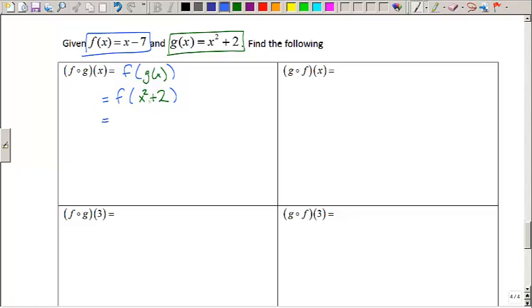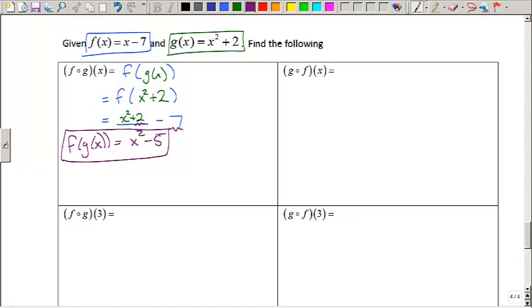So in order to find f of an expression, I take the expression f, which is x minus 7, but instead of the x value here, I take out the x and I replace x with whoever's inside the parentheses, in this case x squared plus 2 minus 7. Therefore, f of g of x is equal to x squared, combining my constants, minus 5. So this is my new function, f of g of x.